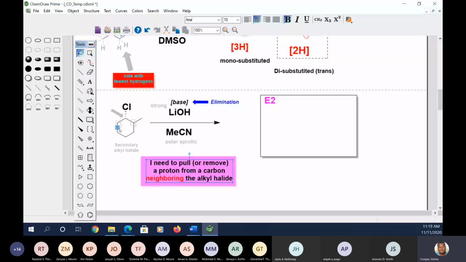It's secondary, so I already know those 2 carbons. Those are the carbons in these boxes. Is everybody comfortable with that? These are the only carbons neighboring the carbon that has a halide, right here. Where are my neighbors? Right here and right there, right? Is everybody comfortable with that so far?